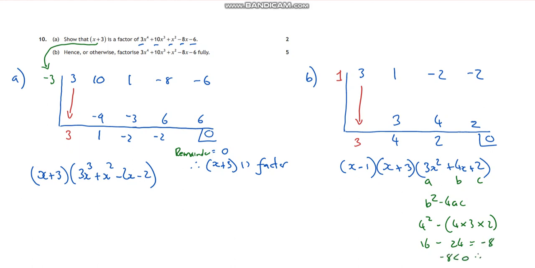So therefore, there's no real roots, is there? No real roots for this trinomial. So my final answer, factorised fully, would be y is equal to x take away 1, x plus 3, 3x squared plus 4x plus 2, and that's you.